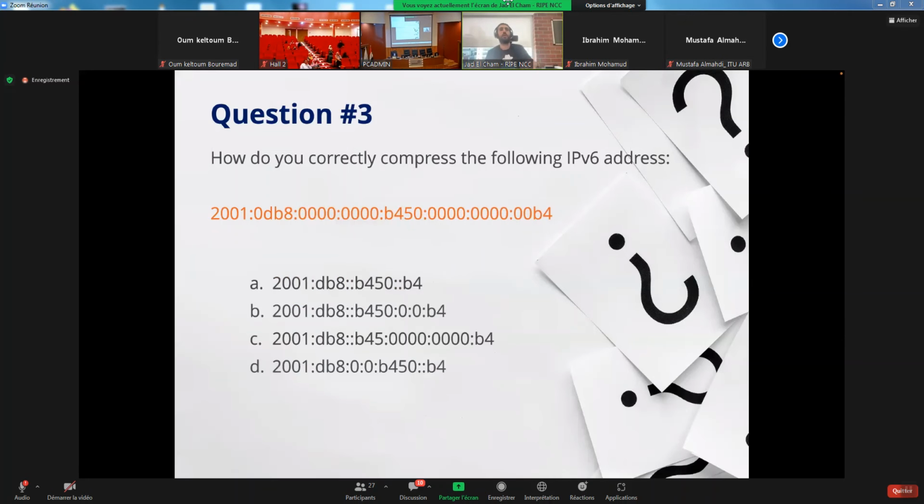Question number 3. How do you correctly compress this IPv6 address? I'll give you a few seconds here. There are 2 answers that are correct. Let's see.